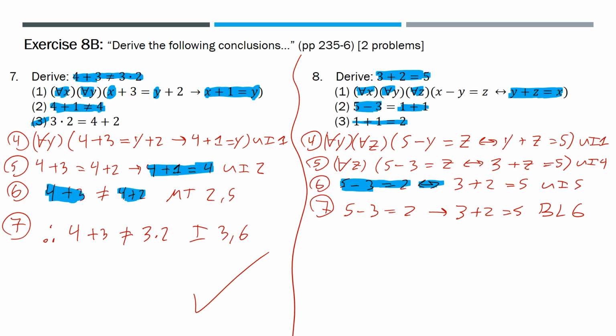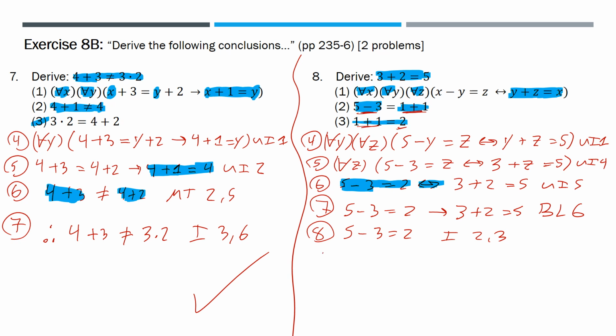And now, for 8, we can get 5 minus 3 equals 2 by our identity rule with lines 2 and 3. So 5 minus 3 equals 1 plus 1. But 1 plus 1, of course, equals 2.